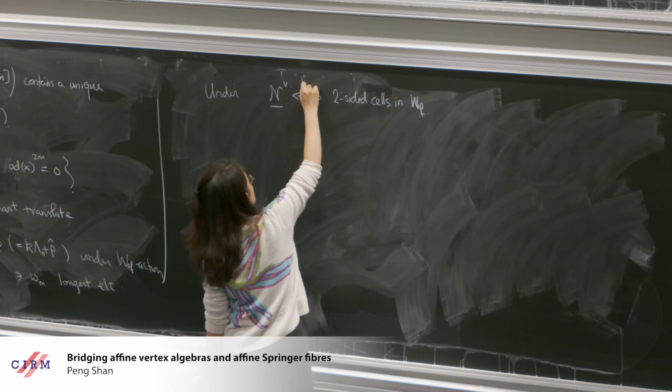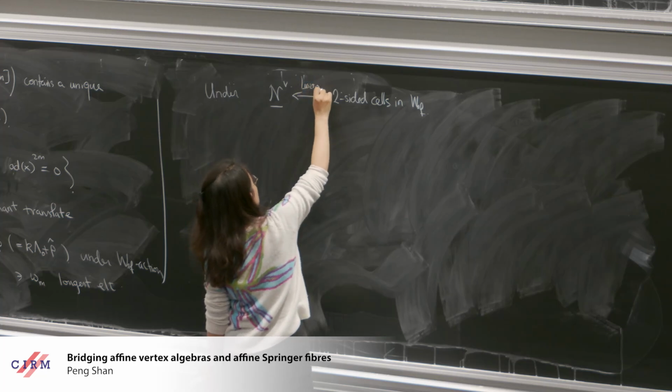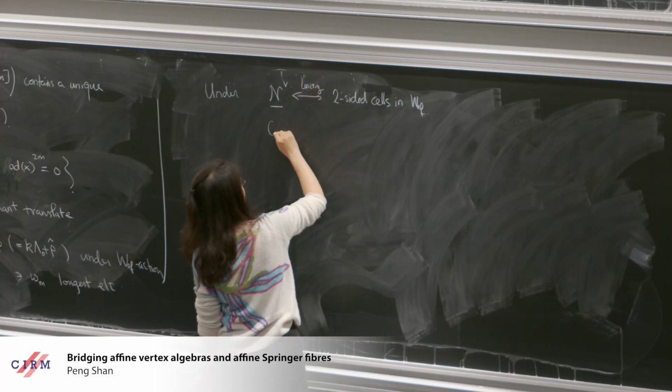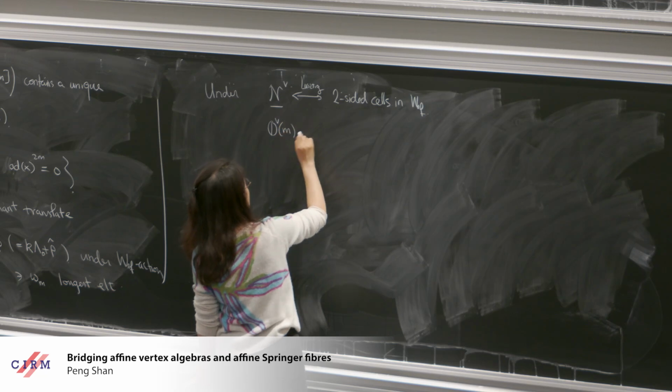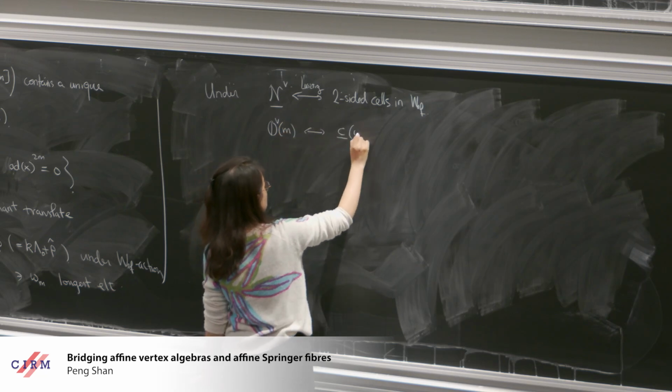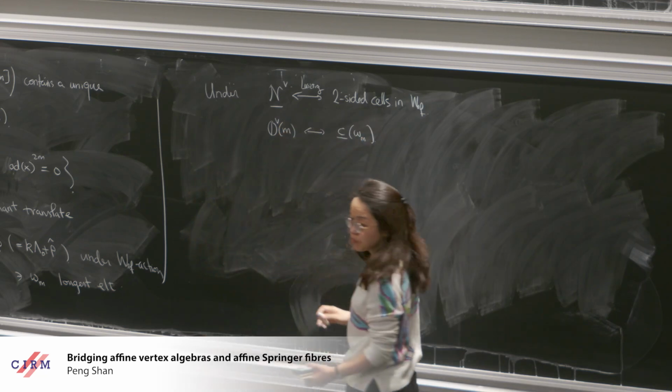So this is Lusztig. This O check m matches with the two-sided cell corresponding to this element w_m.